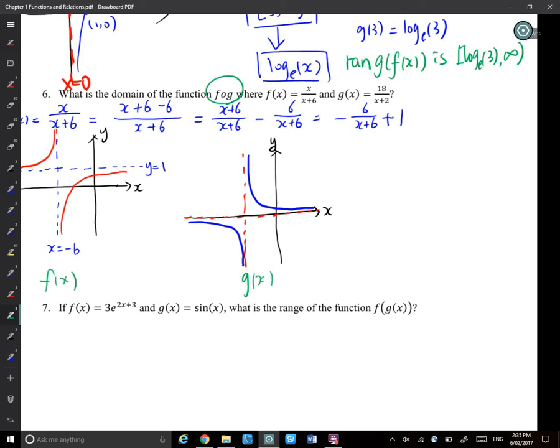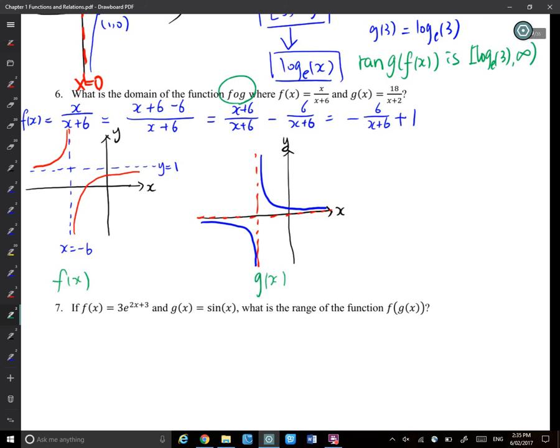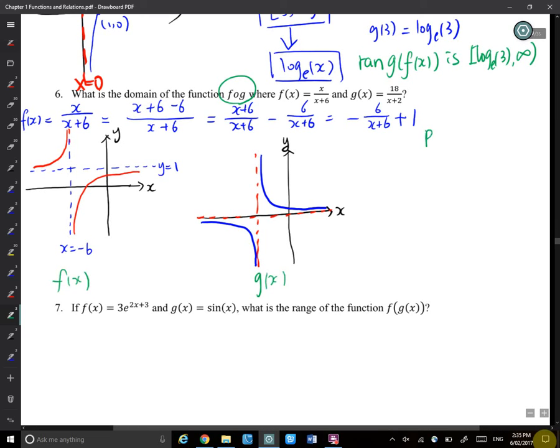So starting with g, what's the domain for g? The domain is R except -2. So I will put R except -2 into the g(x) function.